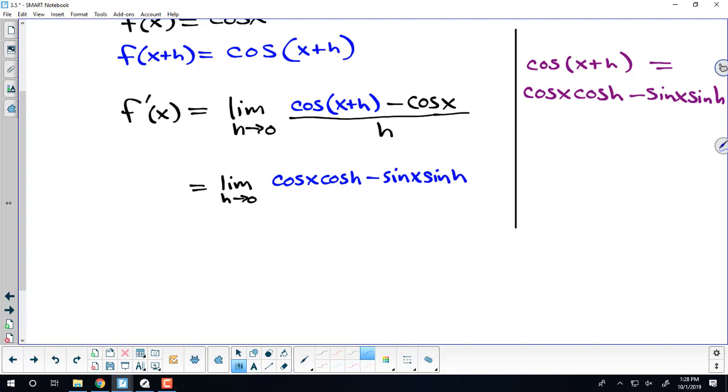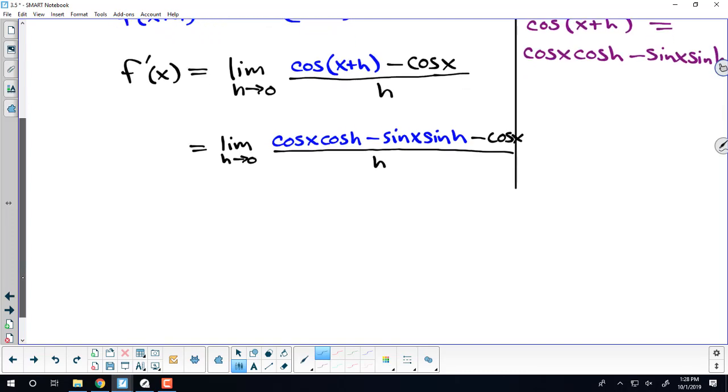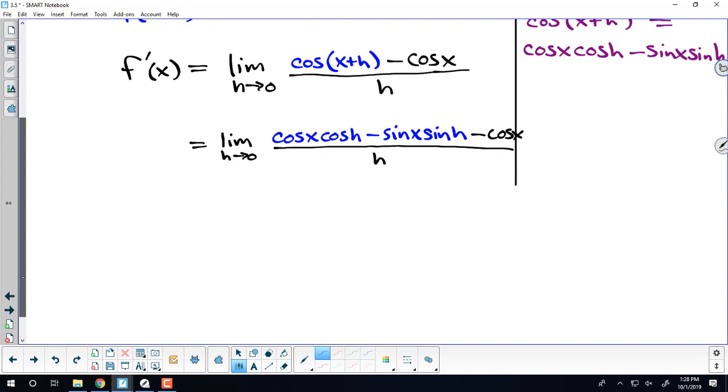Okay, minus our cosine. Again, you don't have to remember this. Just trying to give some justification to where these derivatives come from. And from here, we'll collect like terms. Two terms in the numerator involve cosine, so we'll take those together.